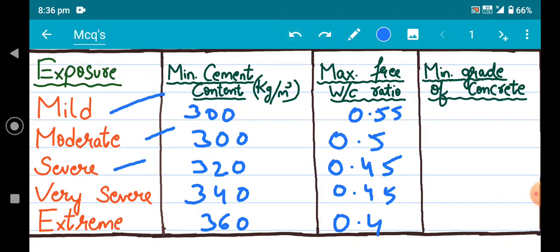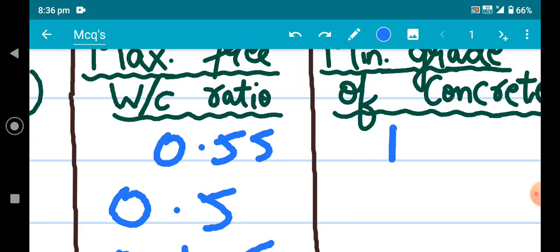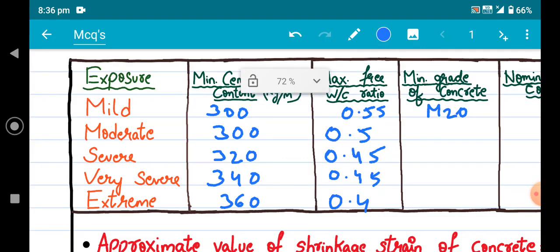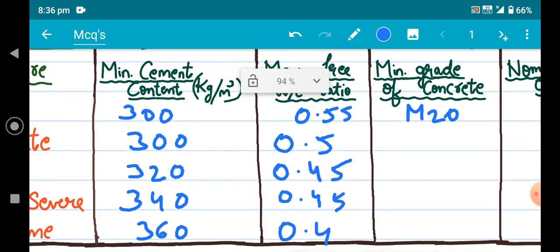So we need the minimum grade of concrete for this exposure. For mild exposure, the minimum grade of concrete required is M20. For moderate exposure, it is M25.